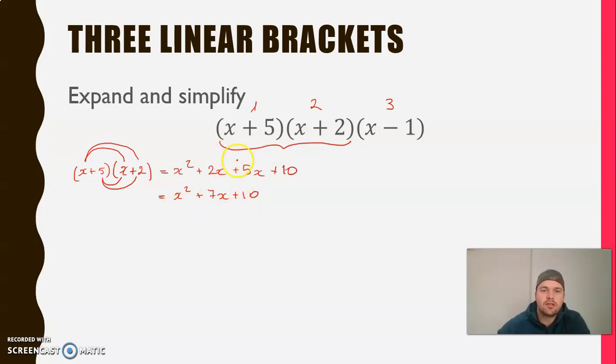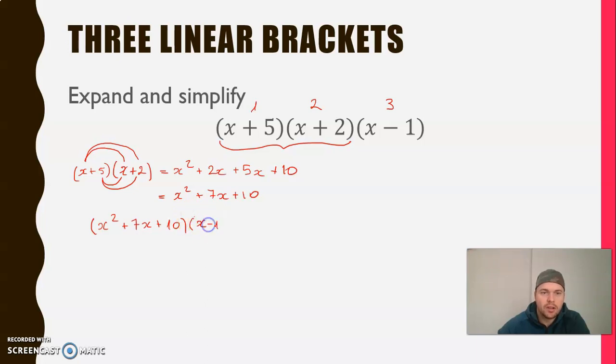This simplifies to x squared plus 7x plus 10. Brilliant. So that's your first bracket, but you have to treat this as another bracket now, because the whole of x squared plus 7x plus 10 is being multiplied by x minus 1.